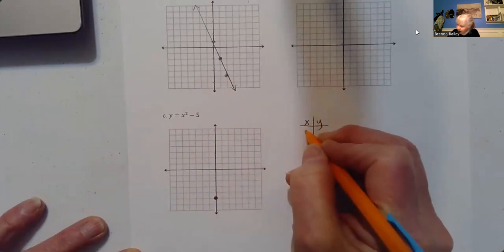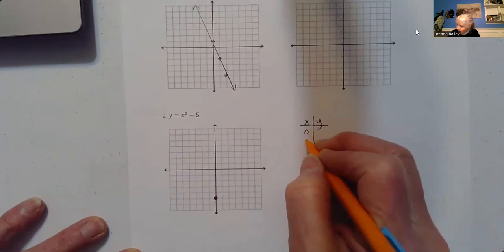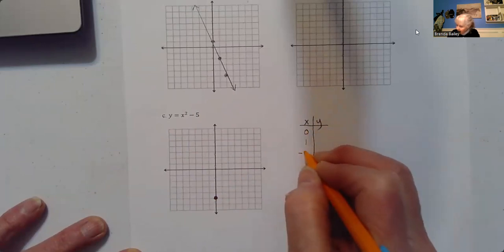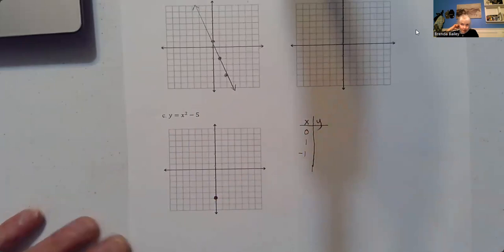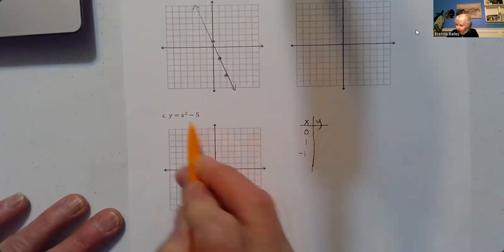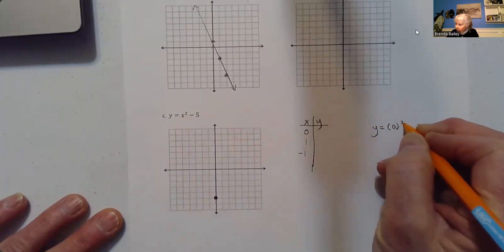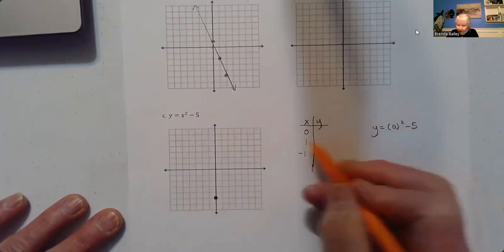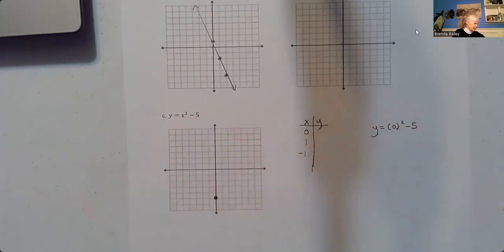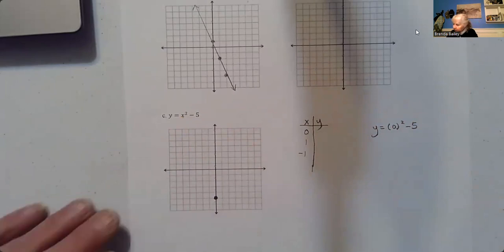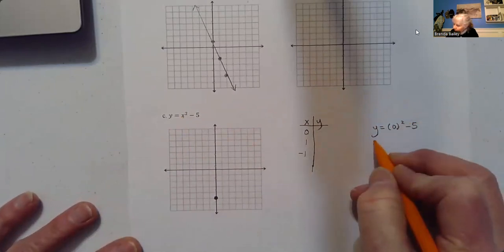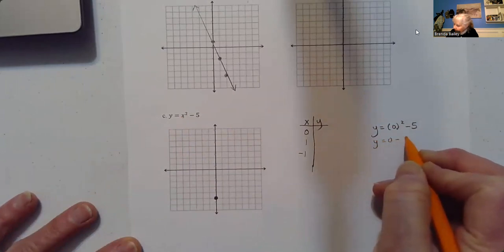Let's go ahead and put in 0. Let's put in 1. Let's put in a -1. All right, and see what we come up with. First off, if we put in 0, we have y equals 0 squared minus 5. So y equals 0 minus 5.